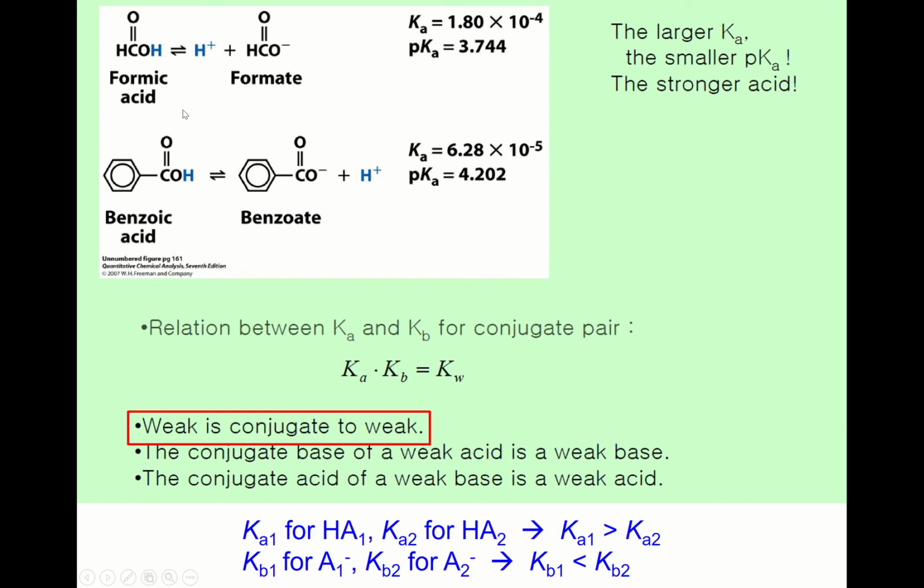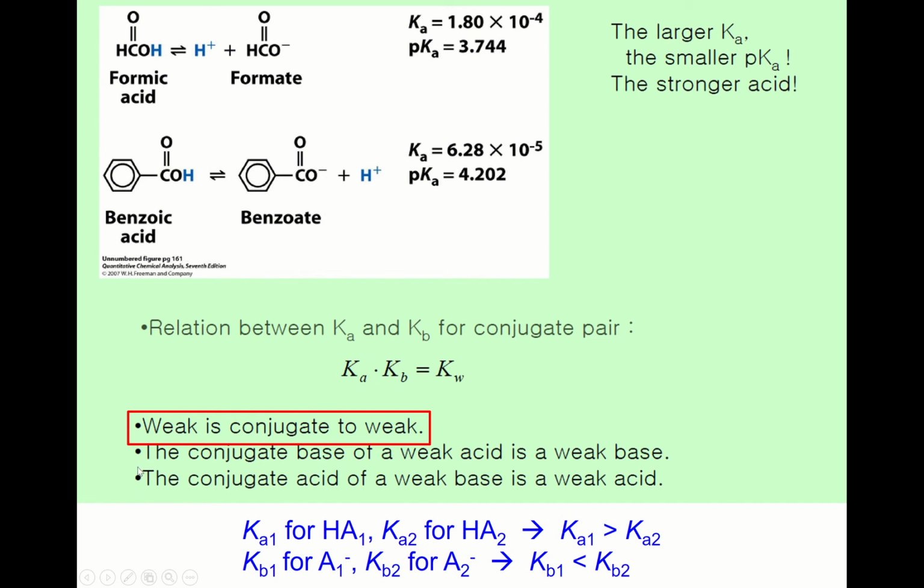You may think that formic acid is a weak acid, so its conjugate base must be strong, but that's completely wrong. This is also a weak base. Here, weak is conjugate to weak. Another example: benzoic acid is a weak acid, and its conjugate base benzoate is weak, not strong. A weak base. That's very important.